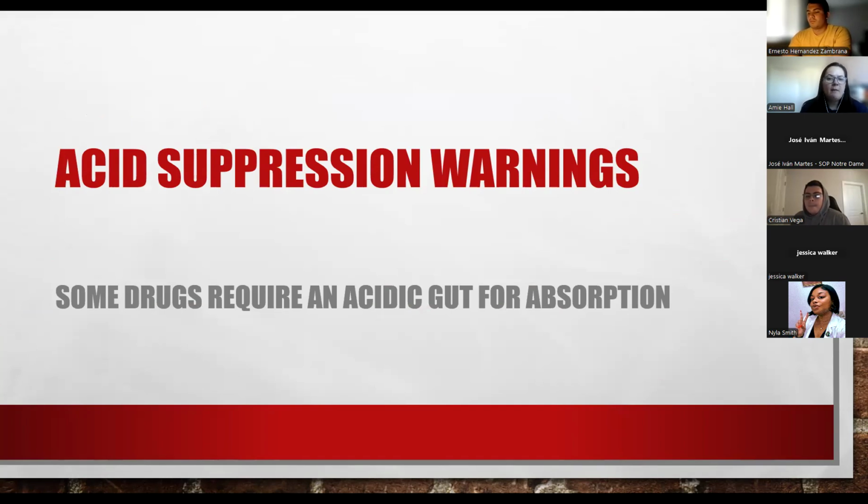And so we need to be mindful of drugs that are enteric-coated or delayed release, because those are designed to be released in a more basic environment. So they could be prematurely released in the stomach instead of the duodenum, which could lead to the breakdown of those drugs, make them not as useful. All right.